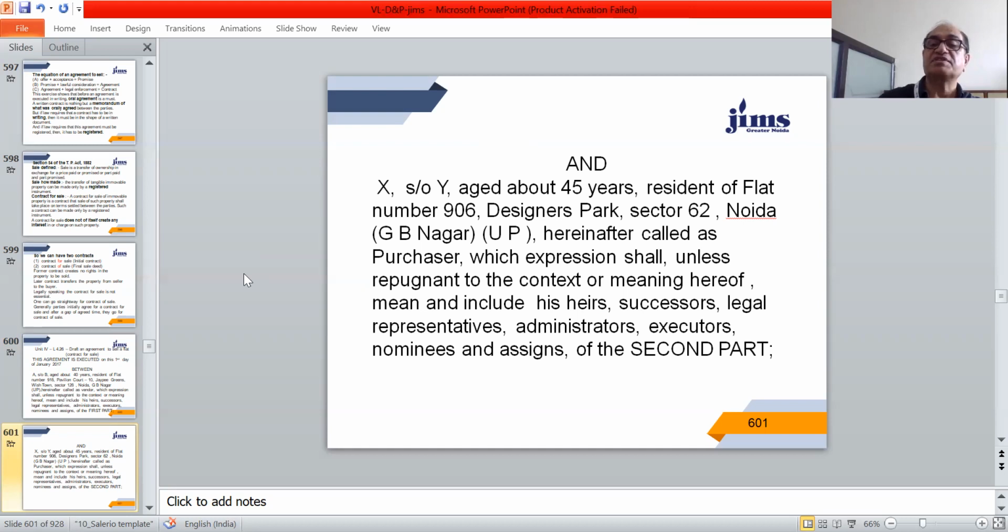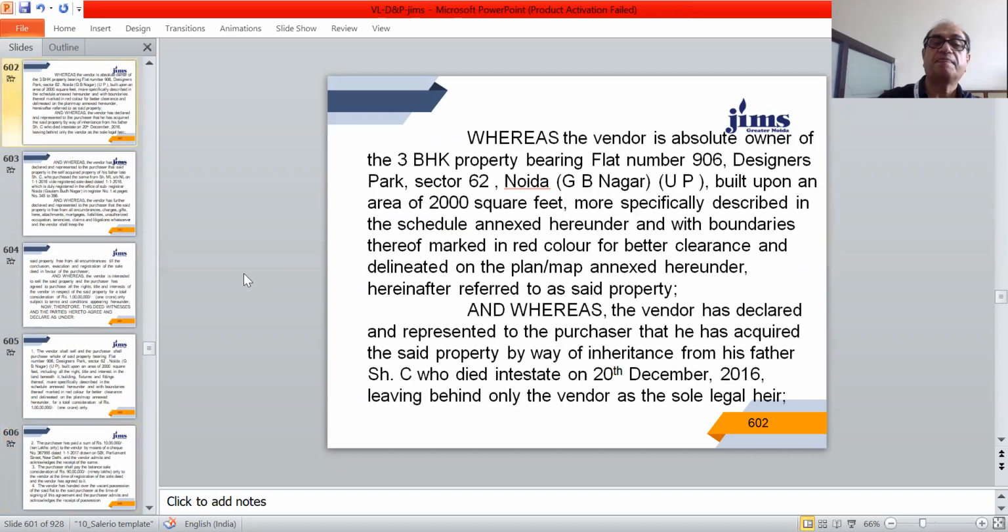So, seller and purchaser. Suppose after this agreement, either of them dies or both of them die, then this agreement shall be binding on their legal representatives.